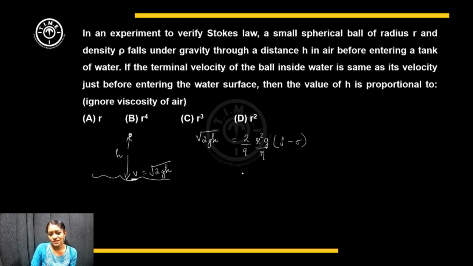So from this equation itself it is clear that root of h is proportional to r square, isn't it? So what is h? h will be proportional to square of r square, that is r raised to 4. So that is the answer, which is option B. Hope the solution is clear.